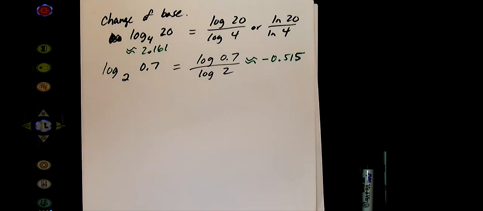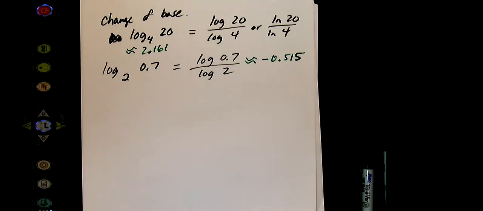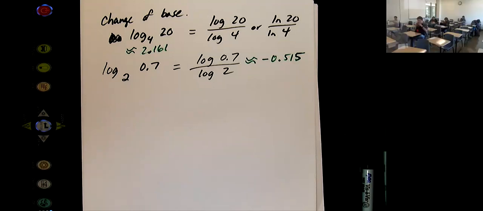I have a question. Okay. For natural log, what is e? e is a number, like 2.71 something. What does it represent? It's just the magic number.